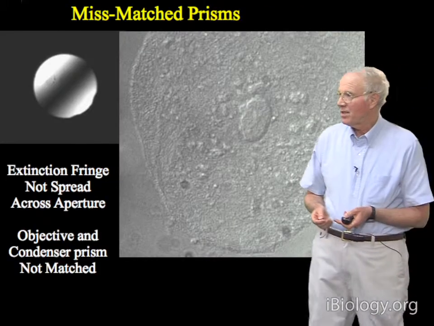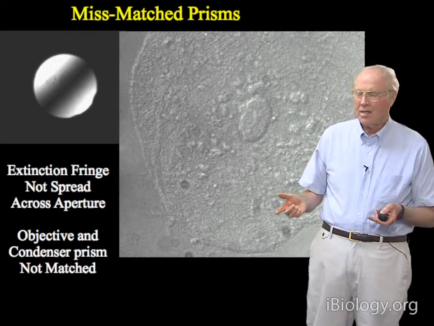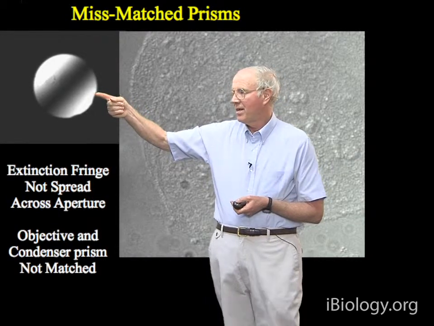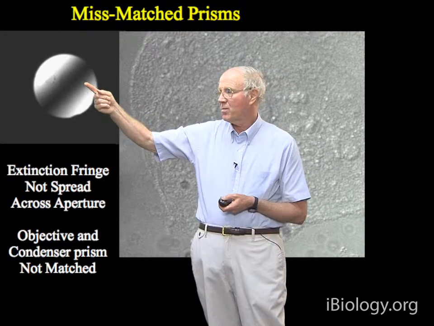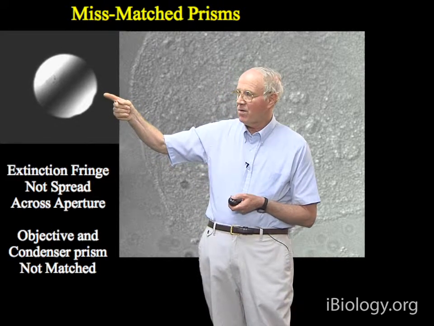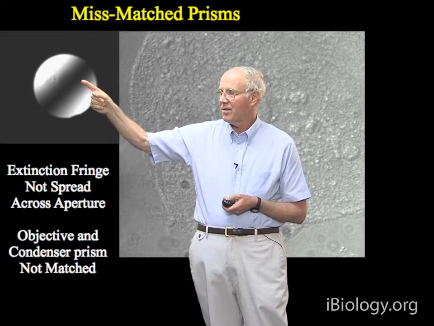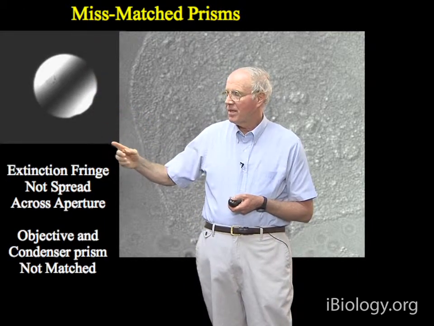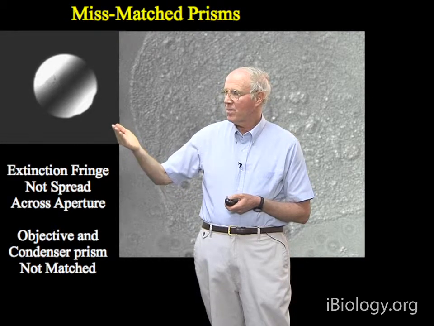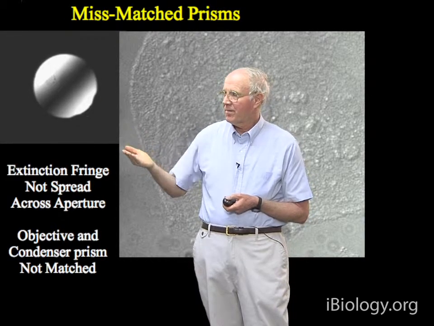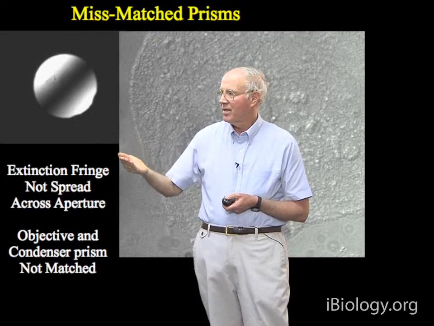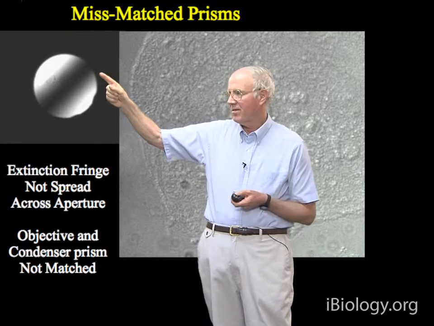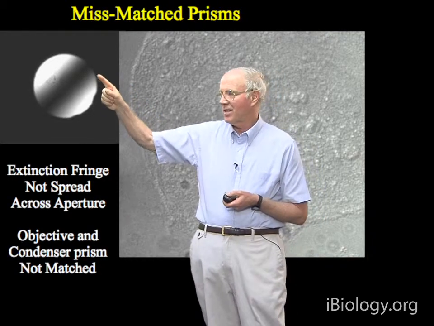So here's an example image of mismatched prisms. If you have just one prism, what you see when you look between crossed polars and focus on the objective back focal plane is a dark line running diagonally in one direction. The slope of the prism is running this way, from essentially 10 to 4, and this is across the prism, running from, let's say, 2 to 8, something like that.